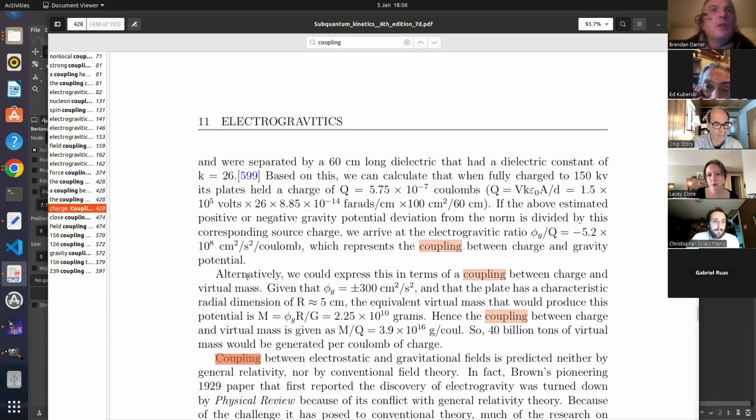That's amazing. Alternatively, we could express this in terms of a coupling between charge and virtual mass.